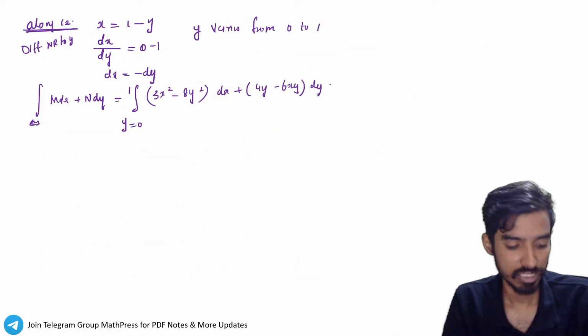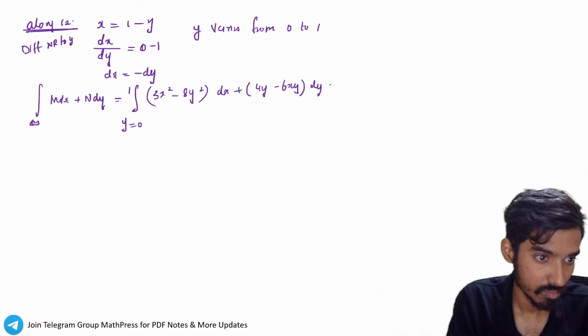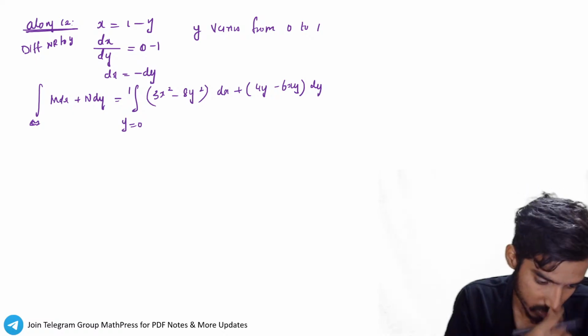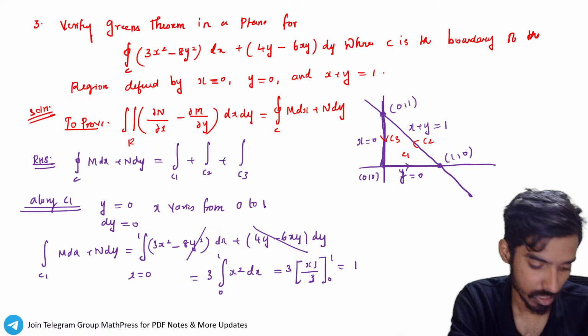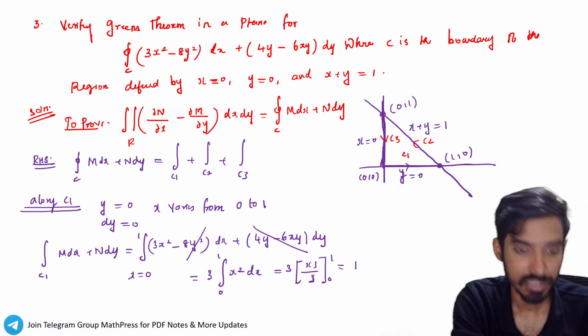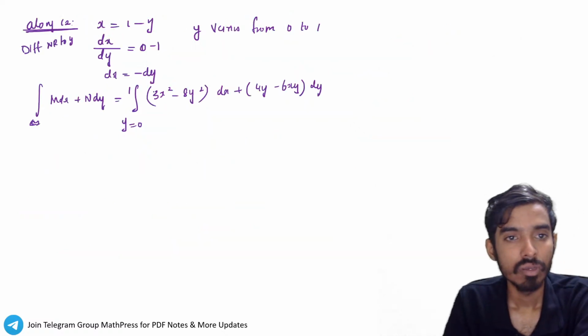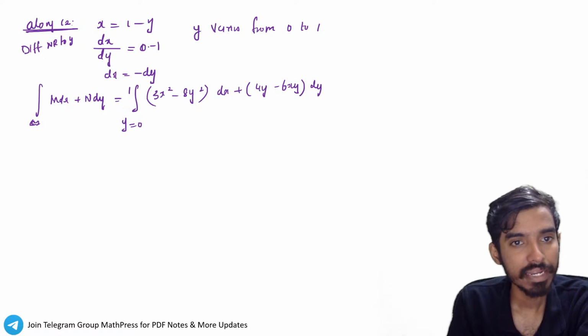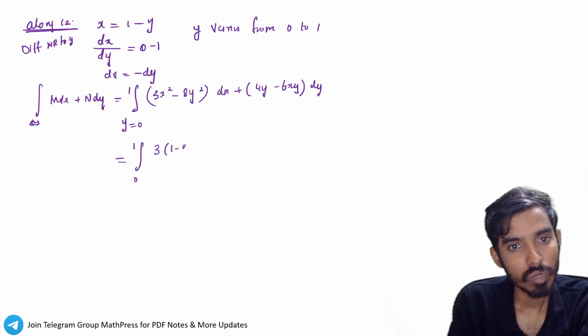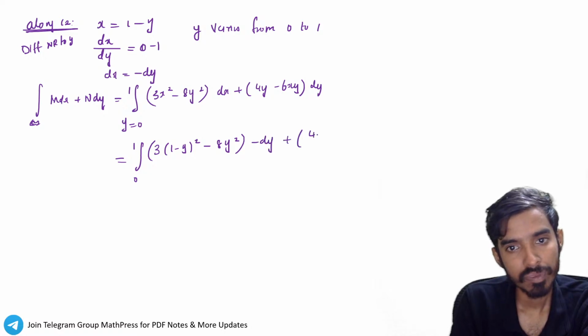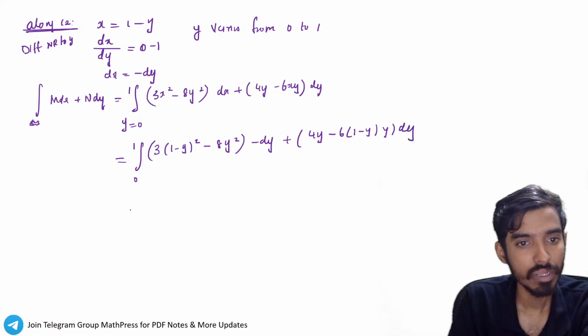Check the question once again: 3x square minus 8y square dx plus 4y minus 6xy dy. Yes, okay. So dx is minus dy and x is 1 minus y. So y varies from 0 to 1: 3 times (1 minus y) whole square minus 8y square, times dx which is minus dy, plus 4y minus 6 times (1 minus y) into y dy. So you need to evaluate this integral.